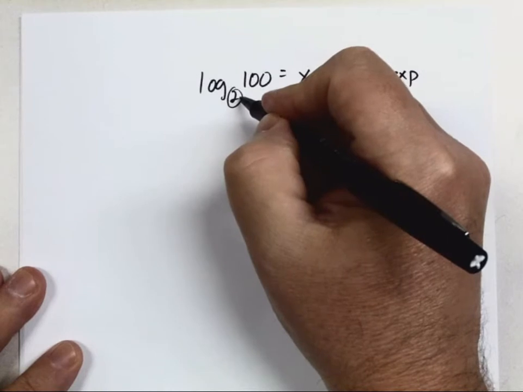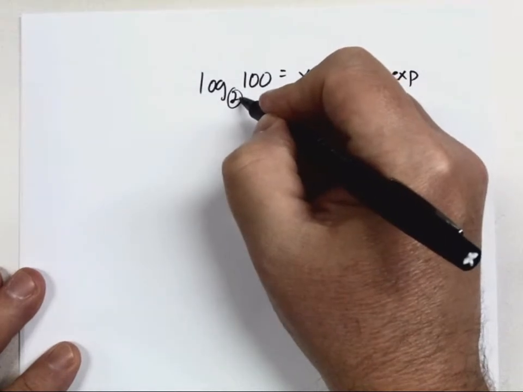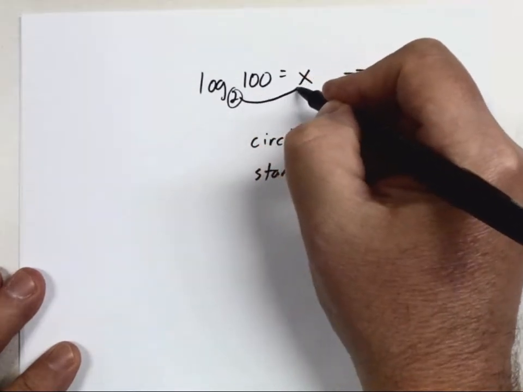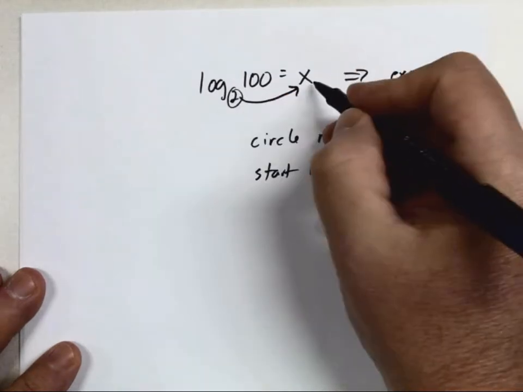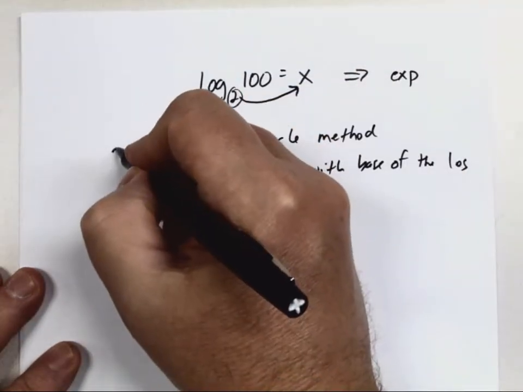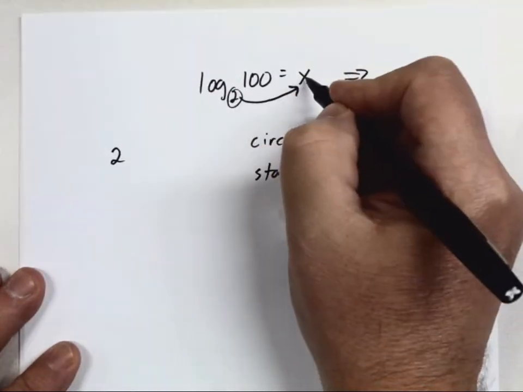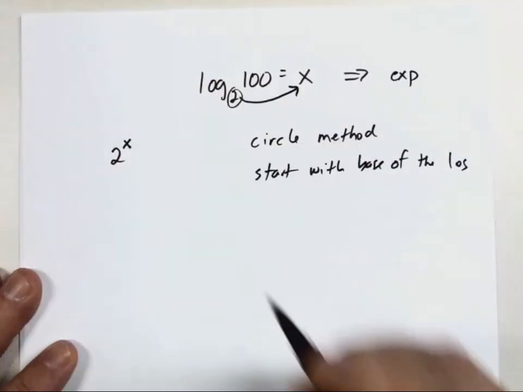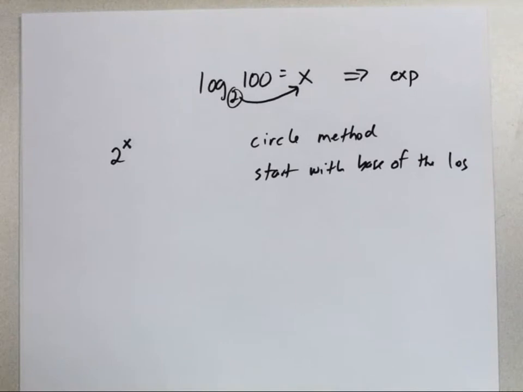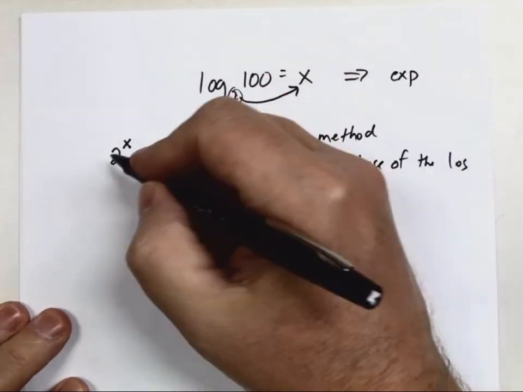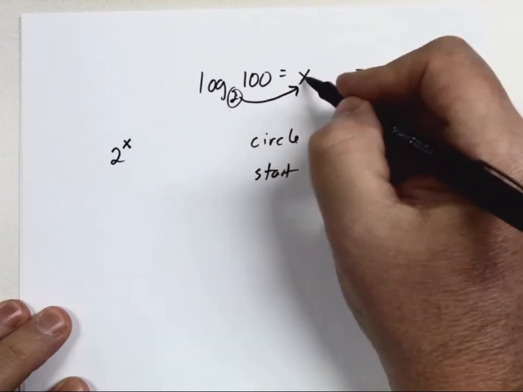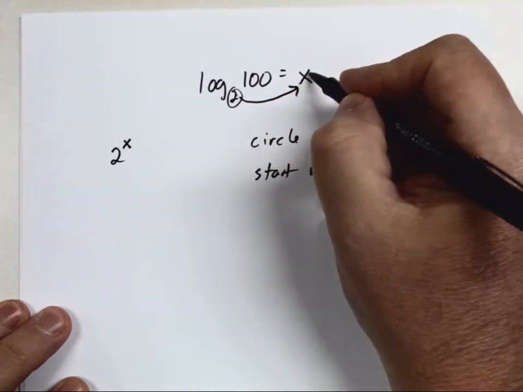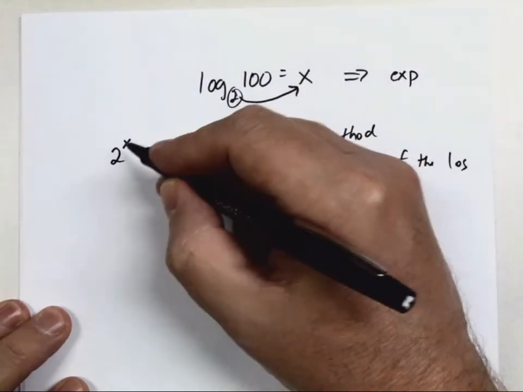And what you do is, from the base of the log, you go to the other side of the equation. And this right here translates into, here's your base. You move to the other side. The other side ends up being the exponent. So you start with the base, write your base, move to the other side of the equal sign.